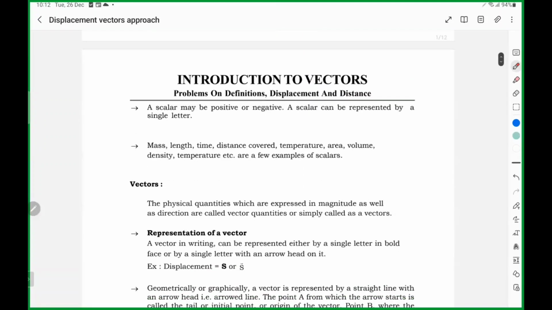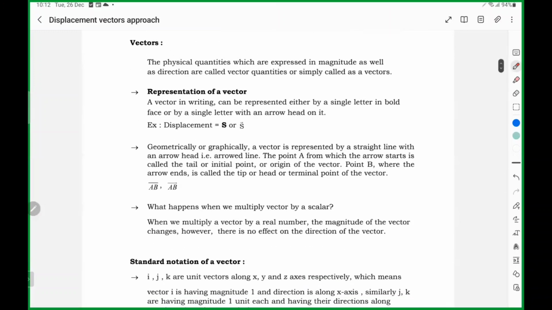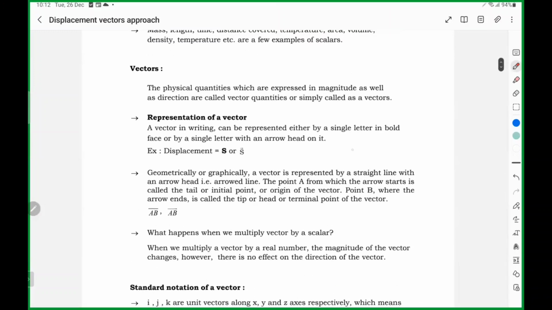But here, in case of vectors, how to represent a vector? In general, books will give bold letters. But when we are writing, we can't tell a general letter from a bold letter. So what I suggest is write S and arrow over it. So this is vector S.